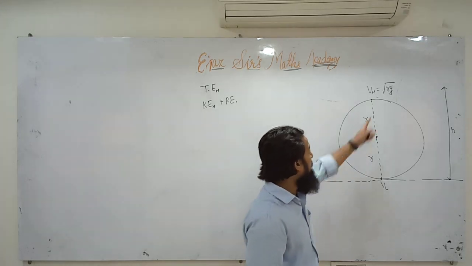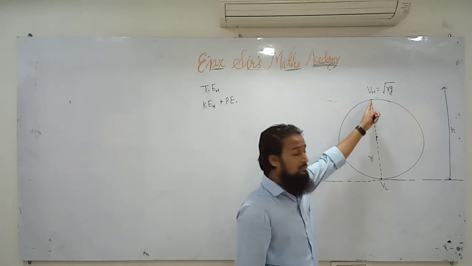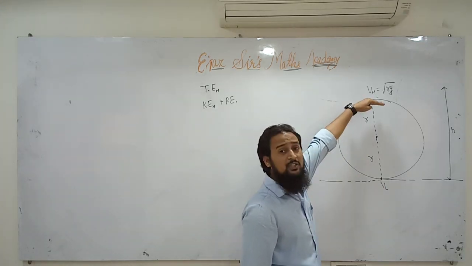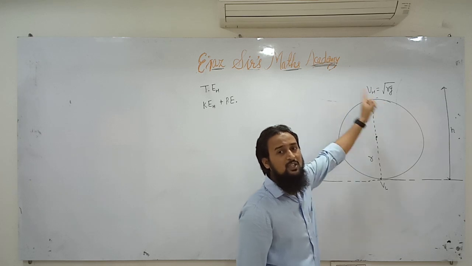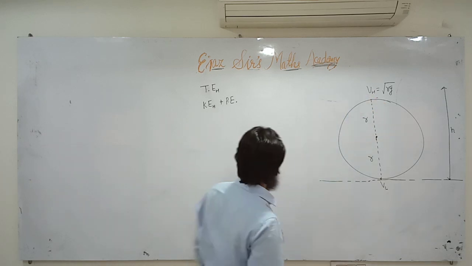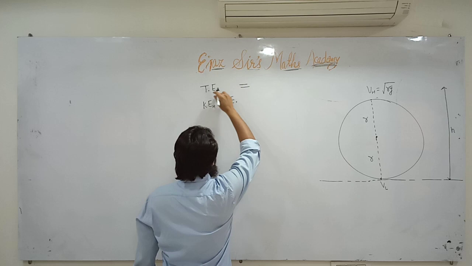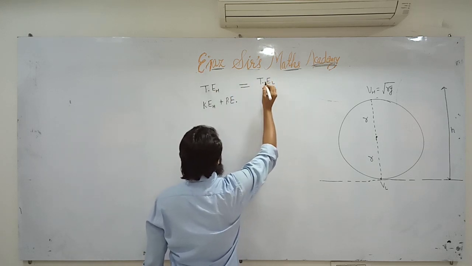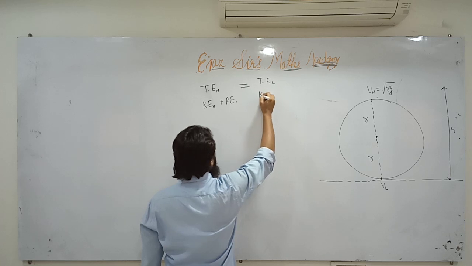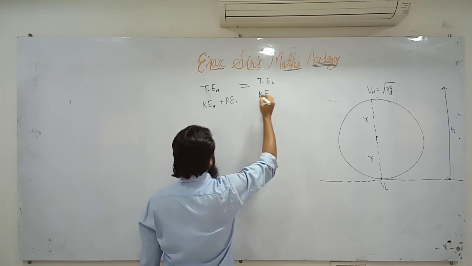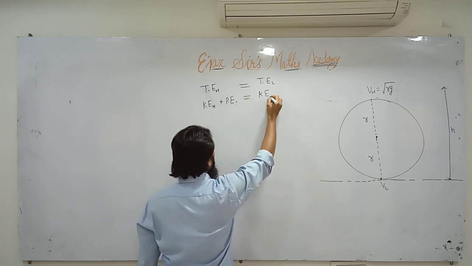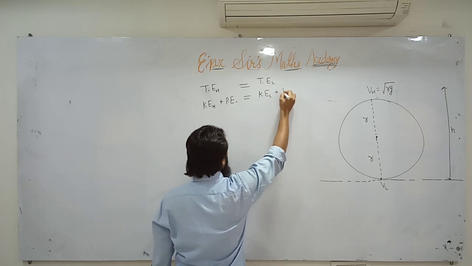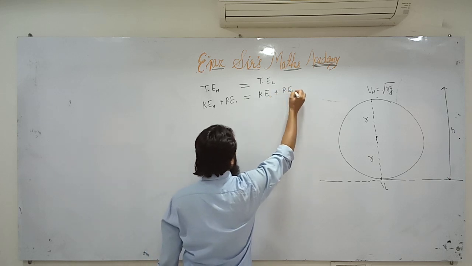Why will potential energy be here? Because the object is at a particular height from the ground, that's why it must have potential energy also. Total energy at the highest point will be equal to total energy at the lowest point. So here kinetic energy at the lowest point will be equal to potential energy at the lowest point.